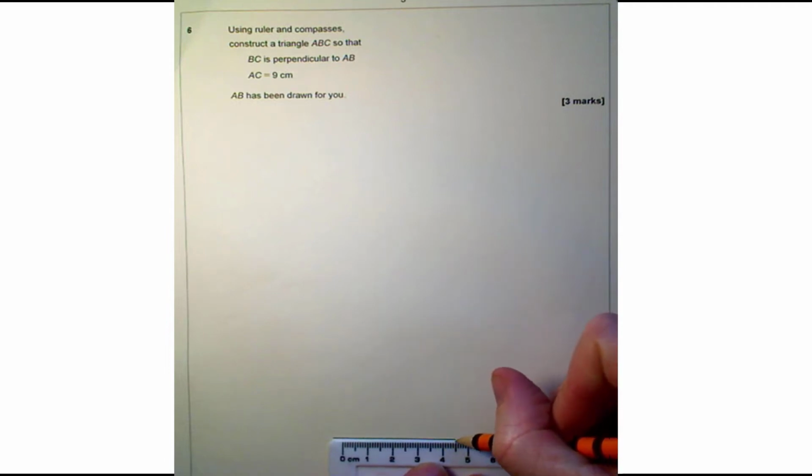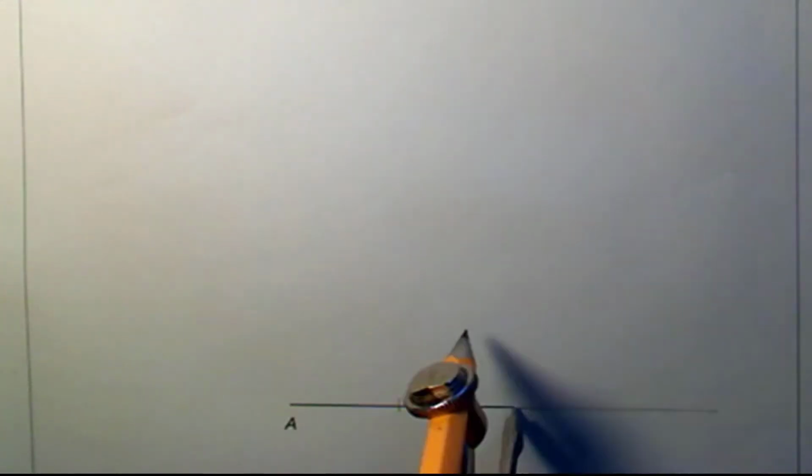So let's just make AB a little bit longer. And then using our compasses, we're going to make 2 marks either side of B that are equidistant from each other. So just making sure we don't change the aperture.